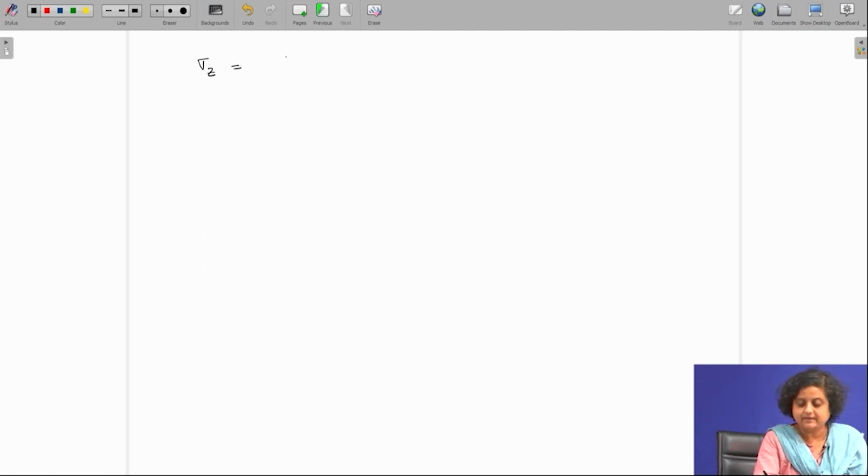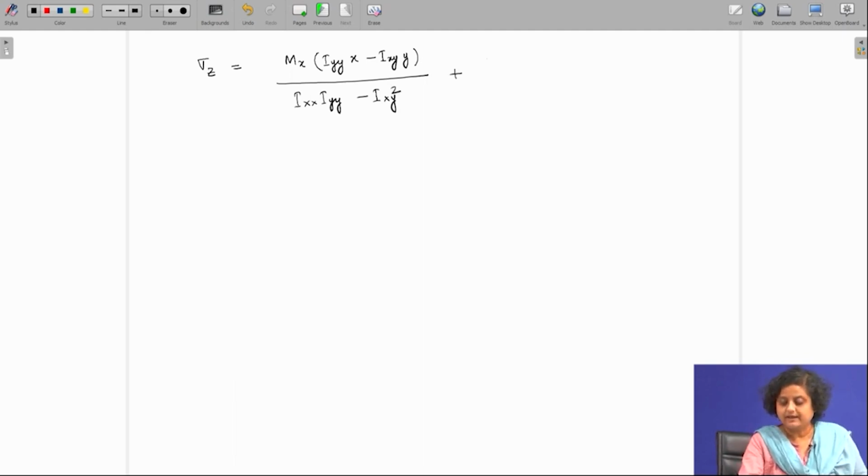Since My is 0, it is going to be Mx into, if we plug in all the sectional parameters, Iyy into x minus Ixy into y by Ixx, plus we are going to have My into Ixx into x minus Ixy into y by, sorry, I made a mistake here.